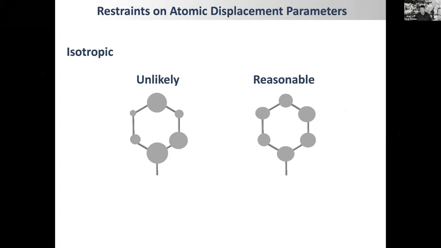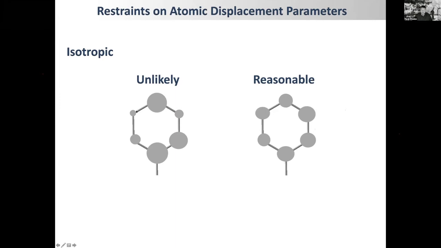Because if you have very different B factors for covalently bonded atoms, it means this atom moves a lot, and this atom doesn't move much at all. And that, in turn, means that this atom moving a lot stretches its covalent bond.